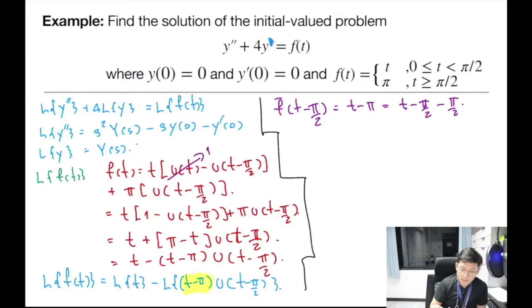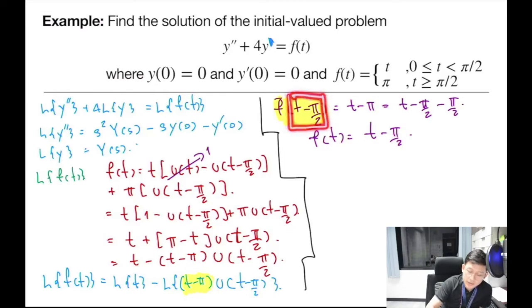Right now, you can write that in terms of f of t minus half pi, which means that f bar(t) is t minus half pi. Guys, don't forget, f(t minus half pi) is t minus half pi minus half pi. f hat is hat minus half pi, f box is box minus half pi. So f(t) is t minus half pi.